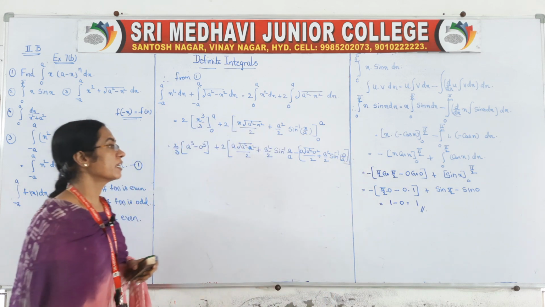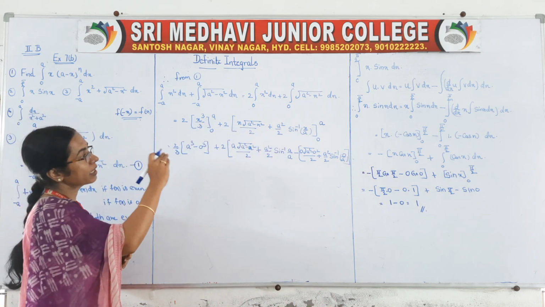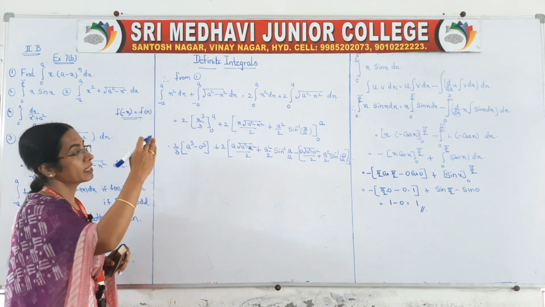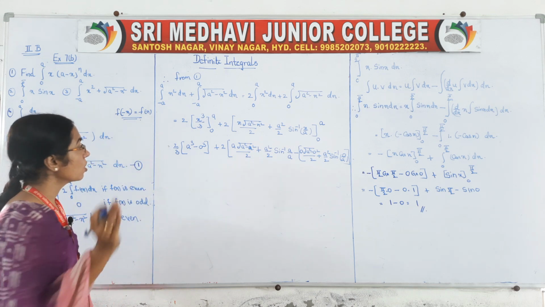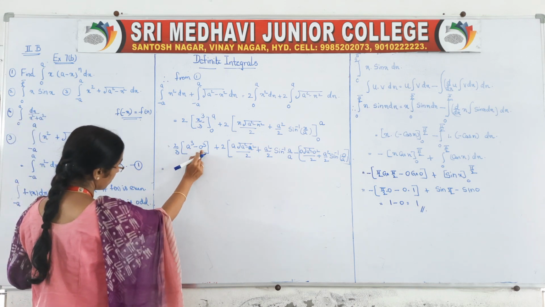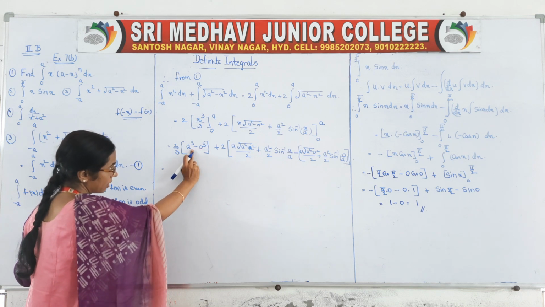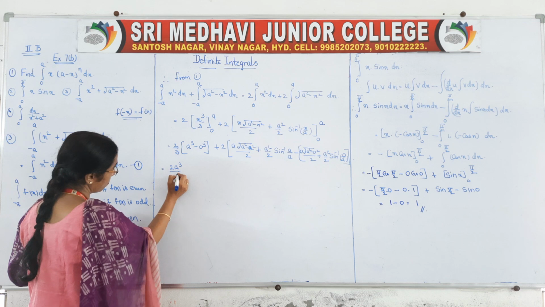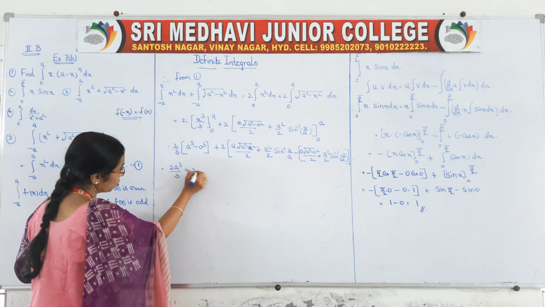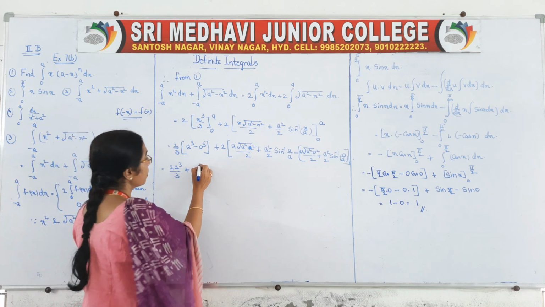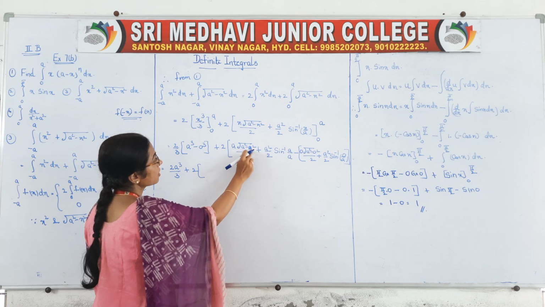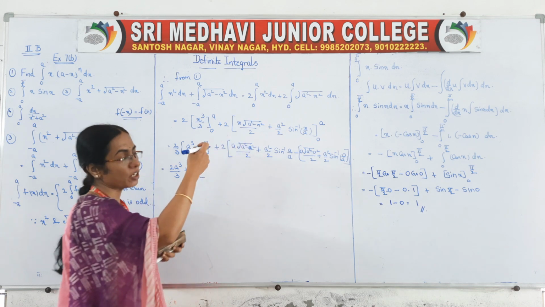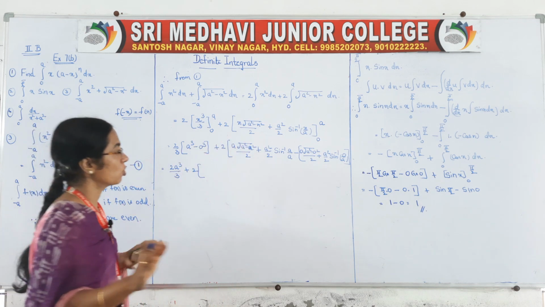First in the given function we take a in x place, next we take 0. So this one is 0, a cube minus 0 is a cube, so it is 2a cube by 3 plus 2 into, what happens? Here a square minus a square is 0, 0 into anything is 0, 0 by anything is 0 only.